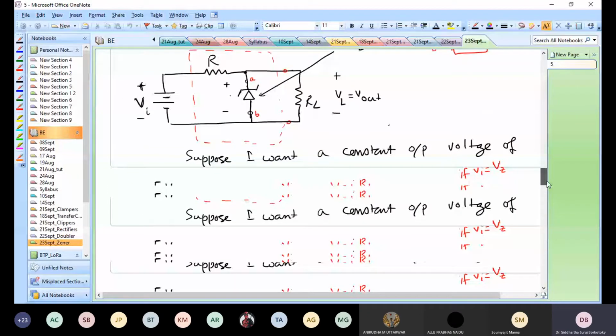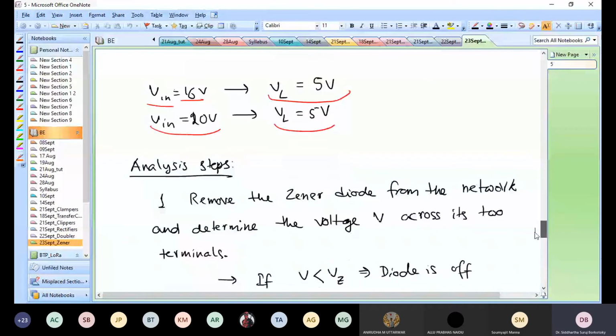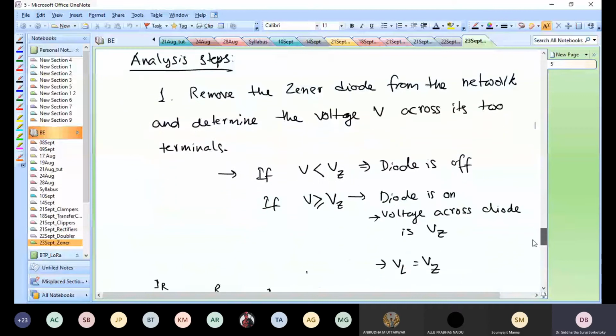And how did we analyze Zener circuits? When we were given a Zener circuit, we first removed the Zener diode from the network and determined what voltage is developing across the 2 terminals of the Zener diode. So Zener is not there, but the 2 terminals are still left. What is that open circuit voltage being developed?